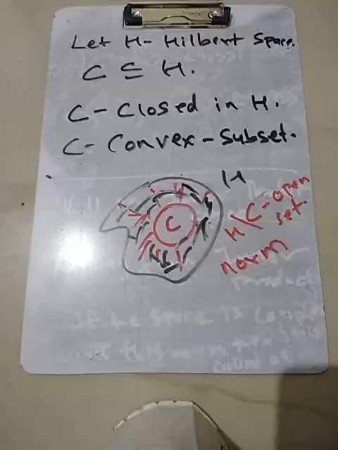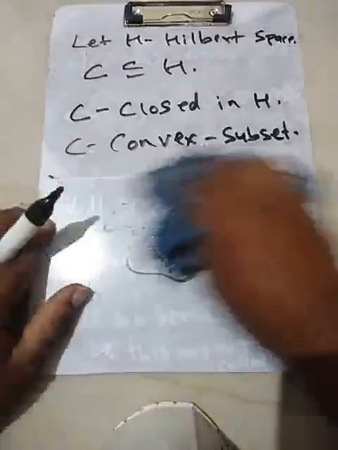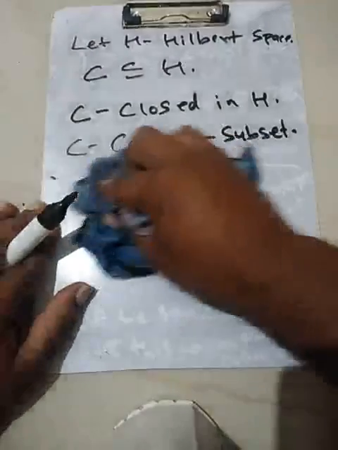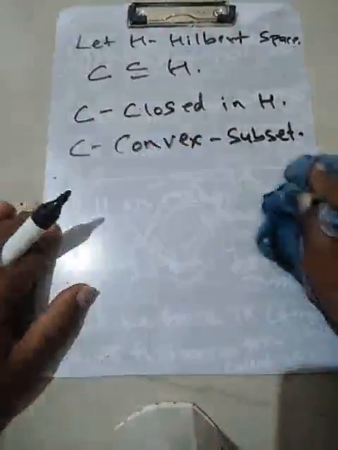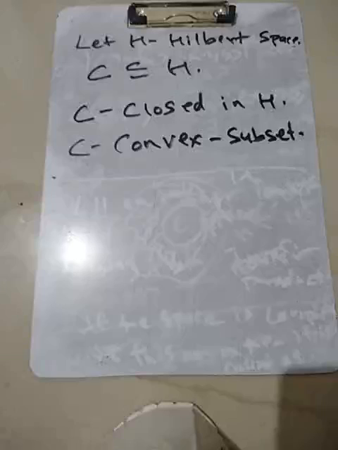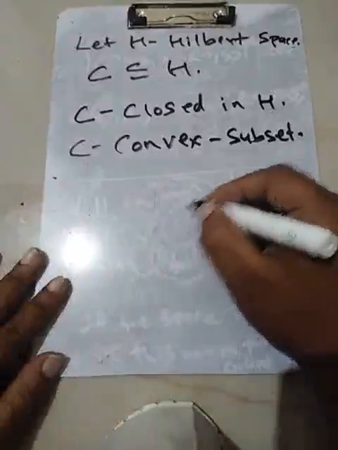The convex set, we have seen that. What do we mean by a convex set? A convex set is, if you take any 2 points in the set and take the line joining them, then it stays in the set.